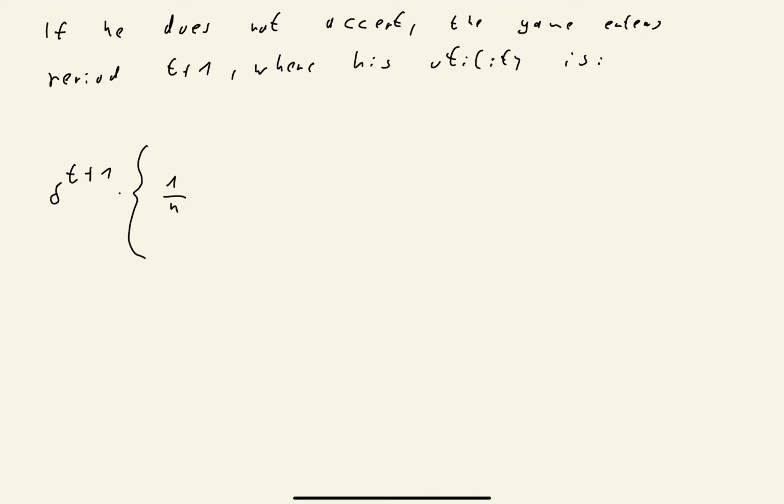With probability 1 divided by n, the legislator will be the one who can make a proposal, and due to symmetry he will make the same proposal as the legislator in period t. So it's simply y minus c times (1 divided by n times y plus (n minus 1) divided by 2 times x).